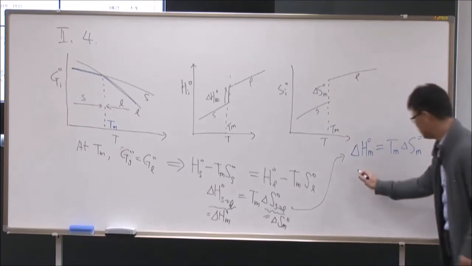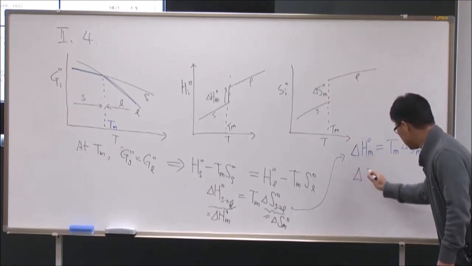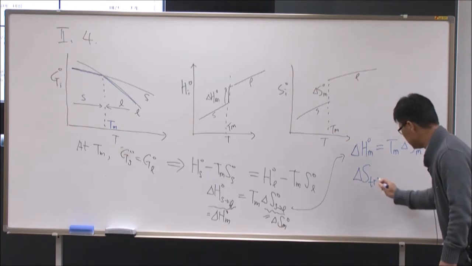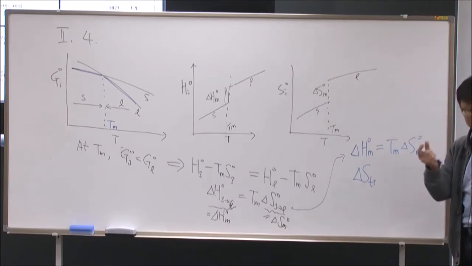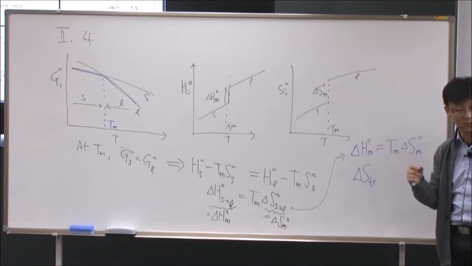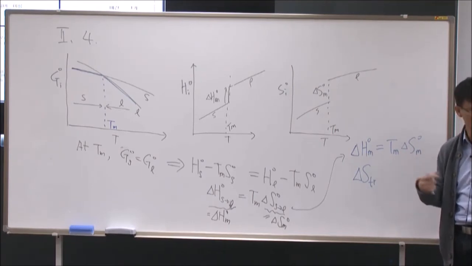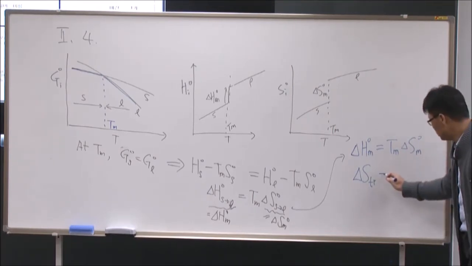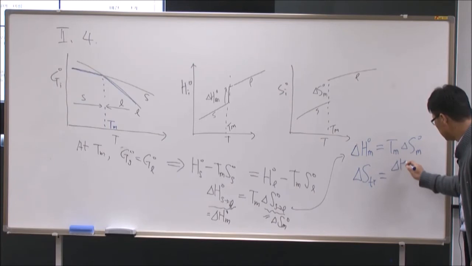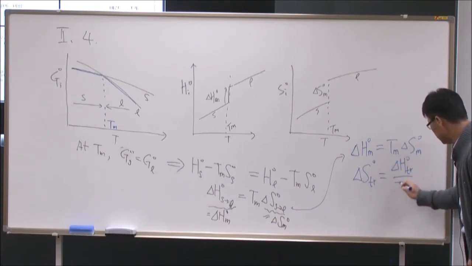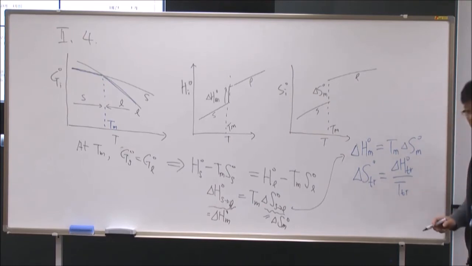Or in general, delta S of transition, so any kind of transition, melting is one of the transitions. Solid becoming liquid phase, that's a transition, a transformation. Delta S of transition equals delta H of transition divided by temperature.